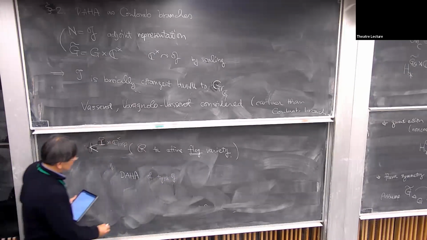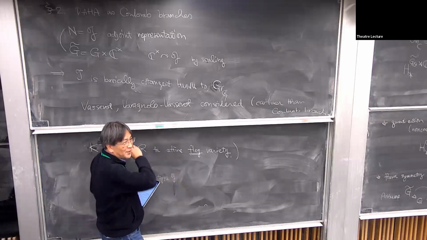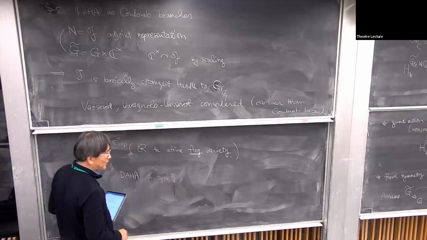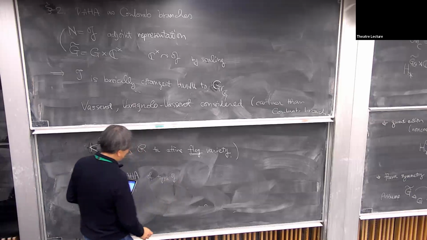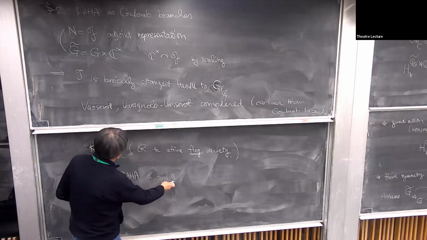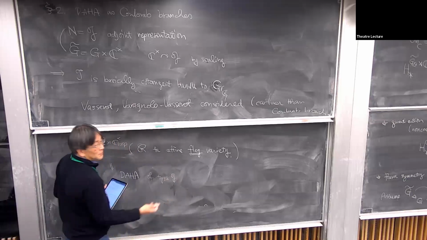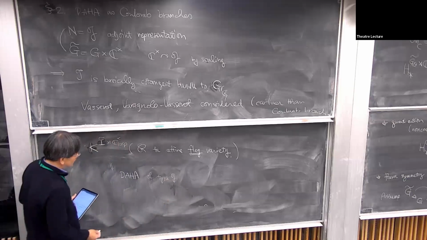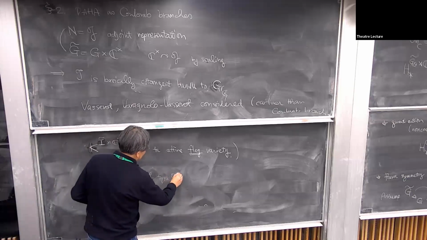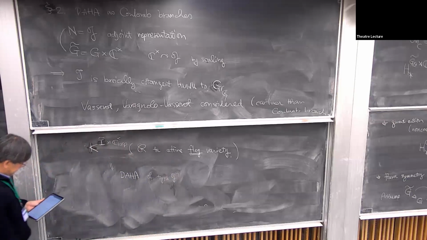Maybe I still don't understand the notation for the type of DAHA. So I hope this is clear. You consider the Lie algebra and you consider the untwisted affine Lie algebra.